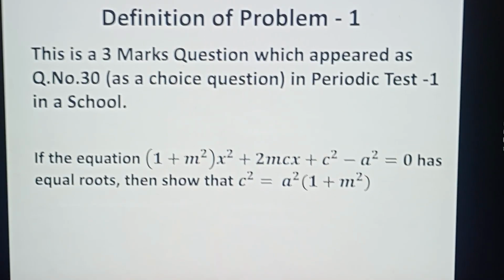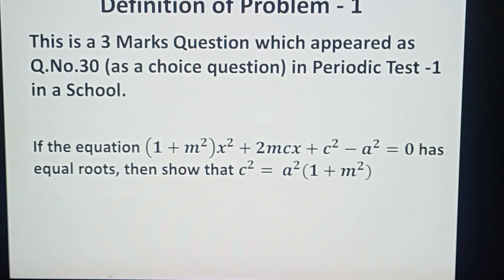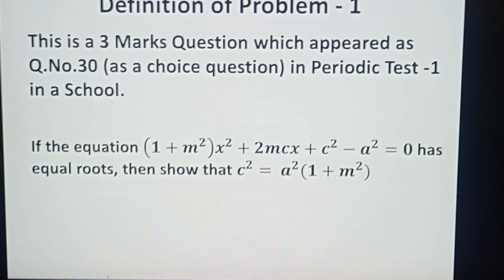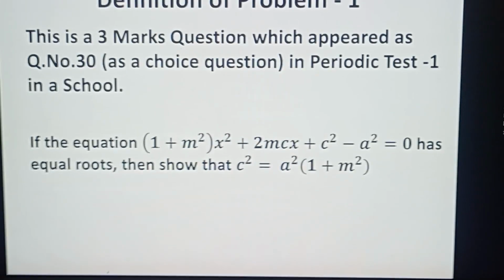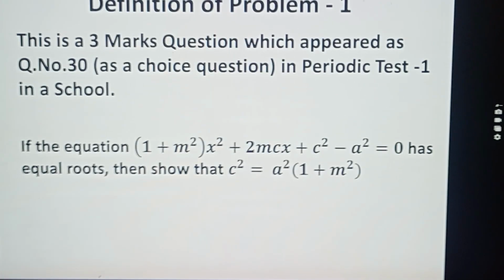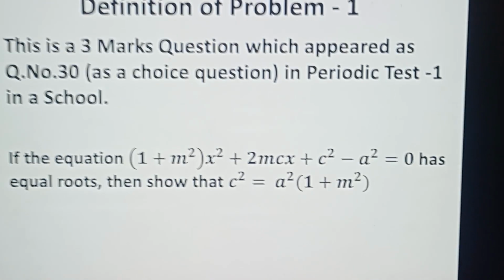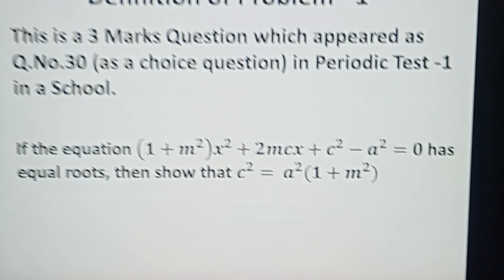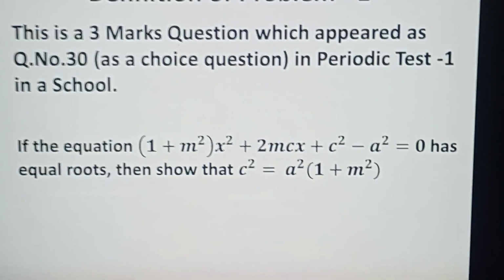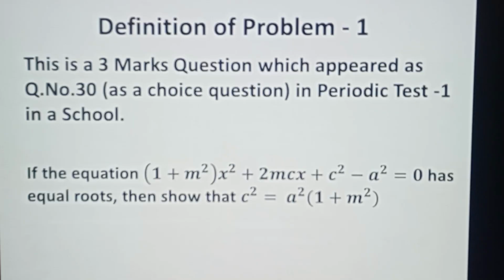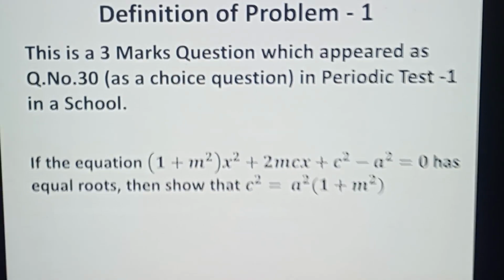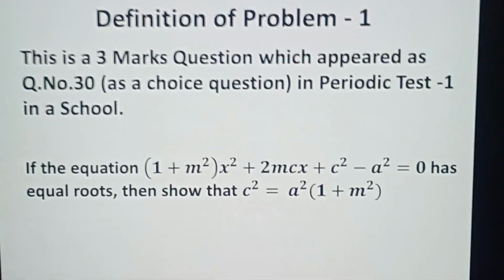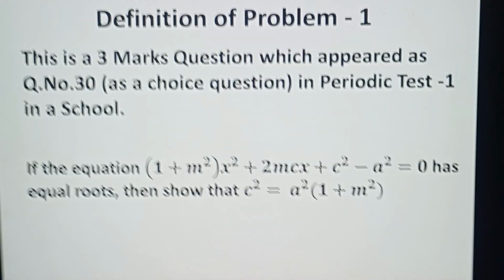If the equation (1 + m²)x² + 2mcx + c² − a² = 0 has equal roots, then show that c² = a²(1 + m²). Pause this video if you would wish to give this problem a try. And when you are ready, let us see the solution.